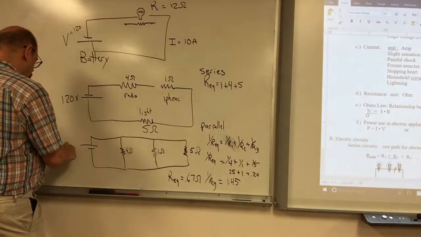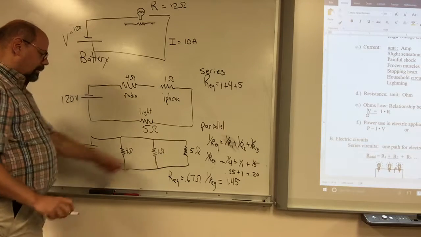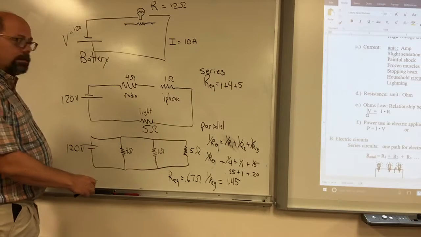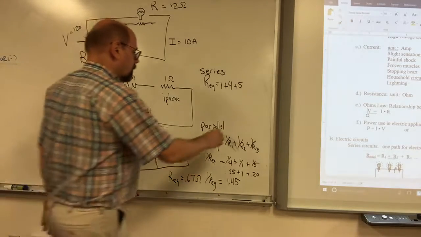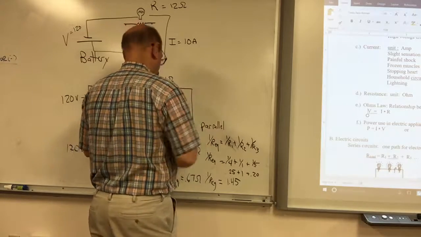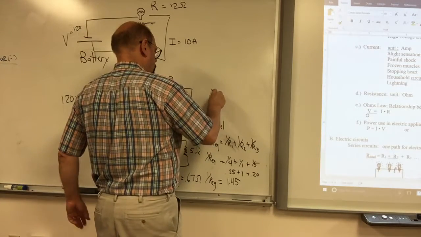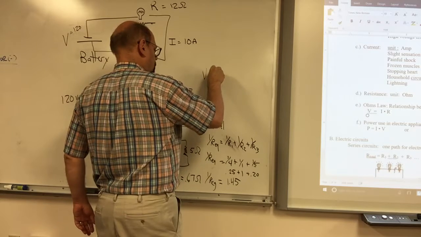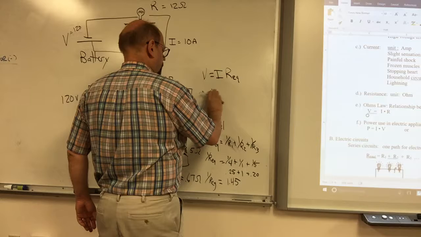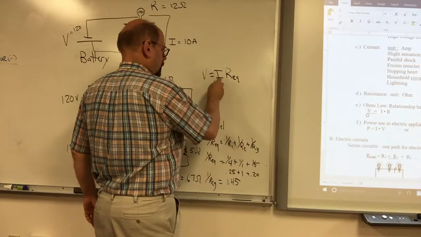So if this is still 120 volts, let's see what happens to the current in this case. Let's use that equivalent resistance, and we want to know what's happening to the current going through this.